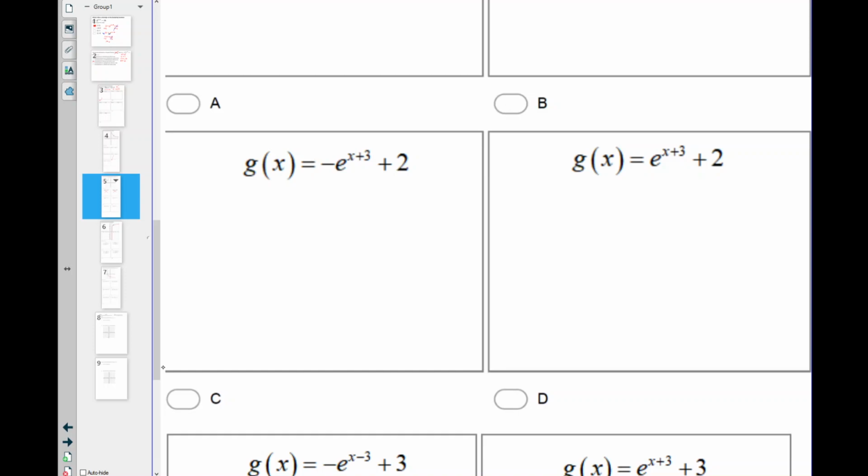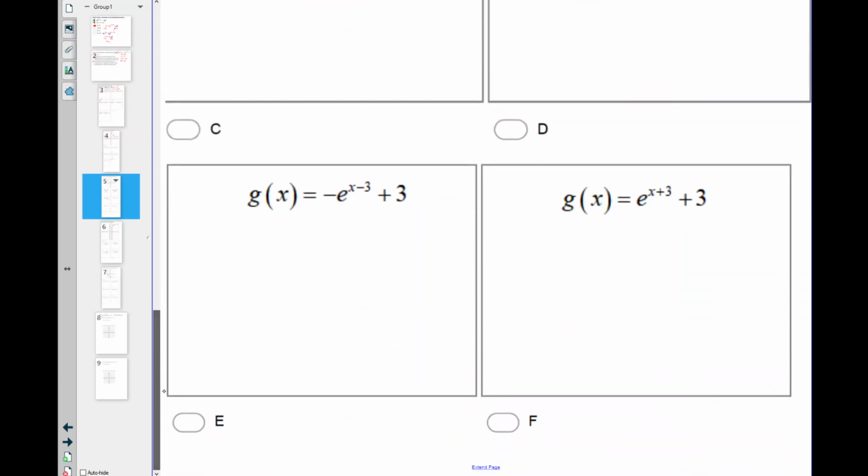Why can't it be C? Again, there's no x-axis flip. D looks pretty good, at least on the surface. I don't see anything there that would disqualify D. What's wrong with E? Wrong asymptote and a flip. This one has wrong asymptote.